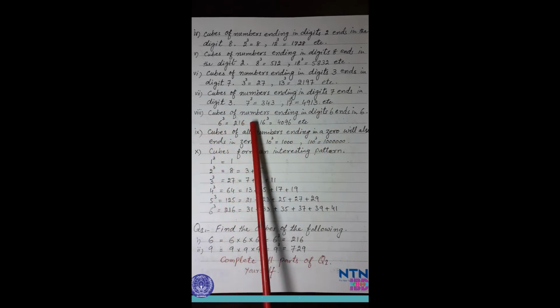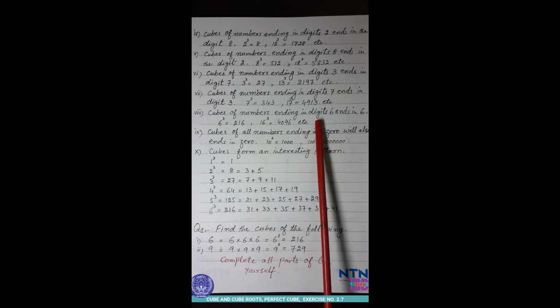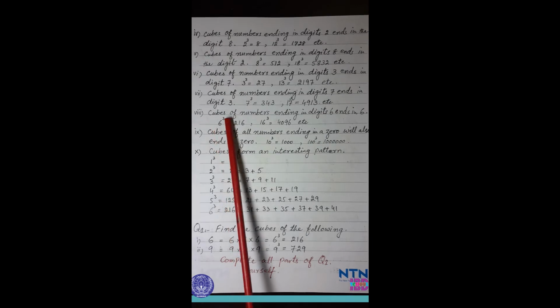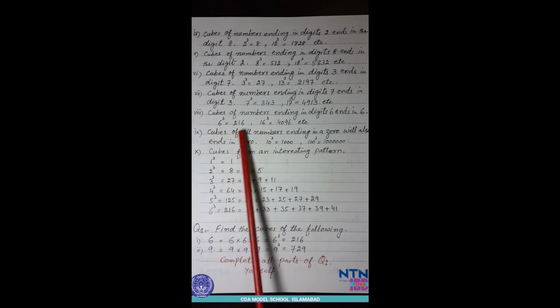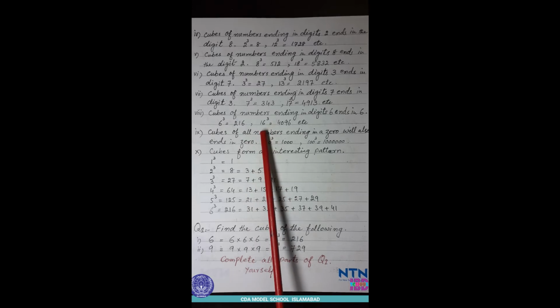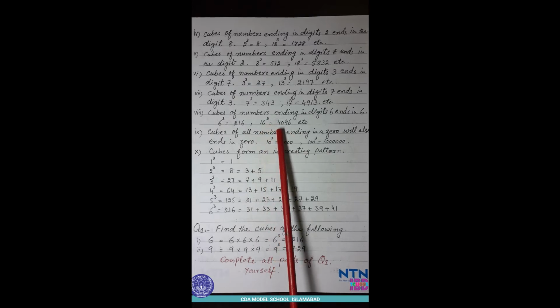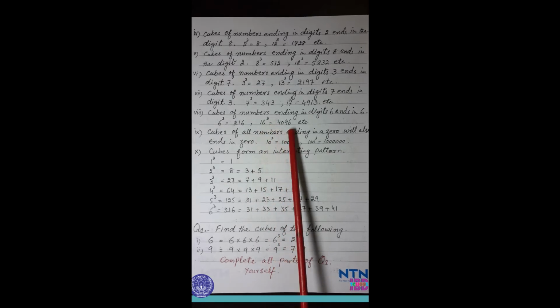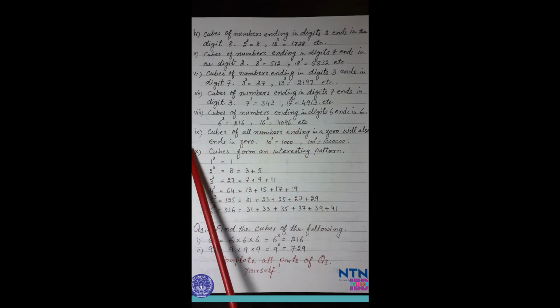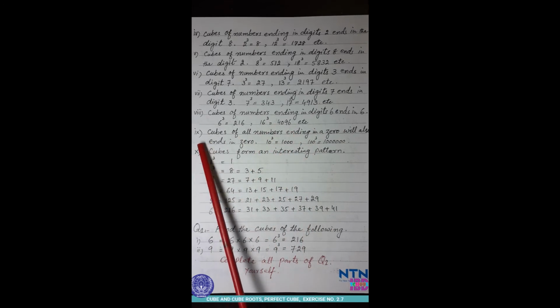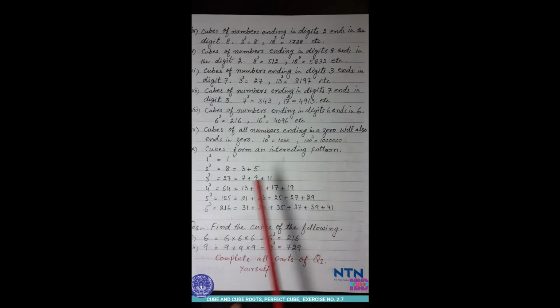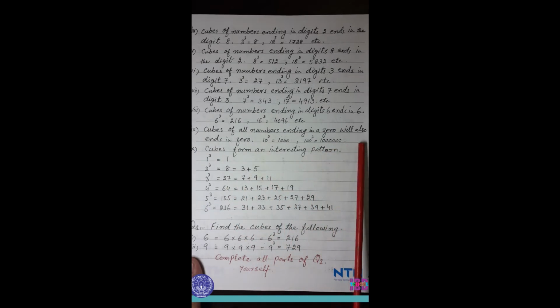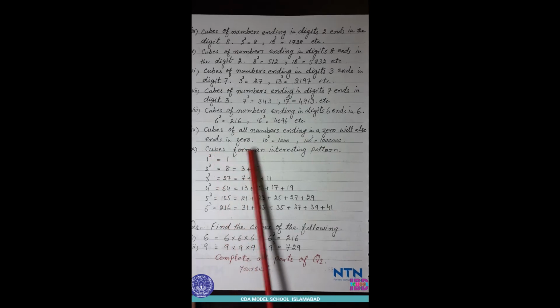Number 8. Cubes of numbers ending in digit 6 end in 6. That is, 6 cube is equal to 216. 16 cube is equal to 4096 and so on. Number 9. Cubes of all numbers ending in 0 will also end in 0.